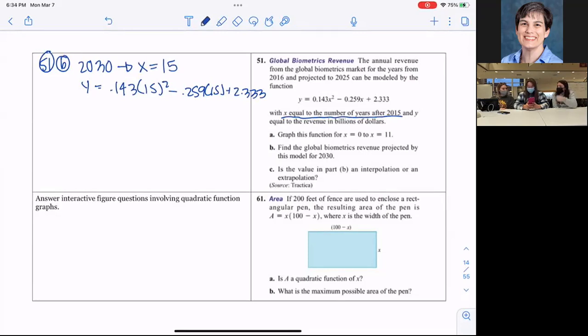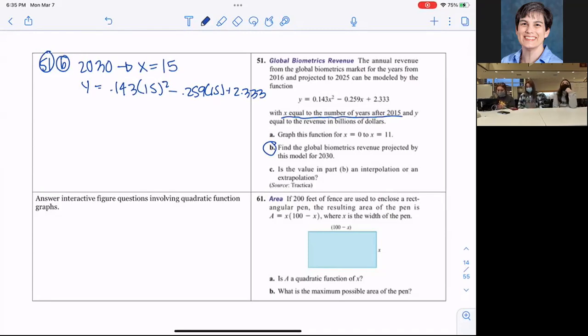We'll get there, guys. Okay, 15 squared, minus 0.259 times 15, plus 2.333.